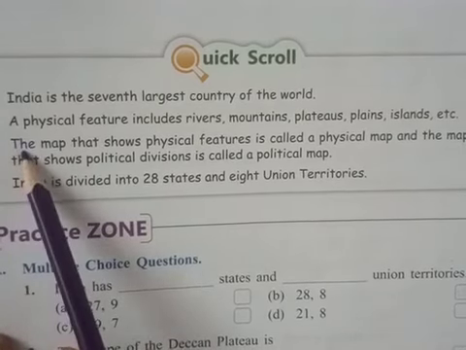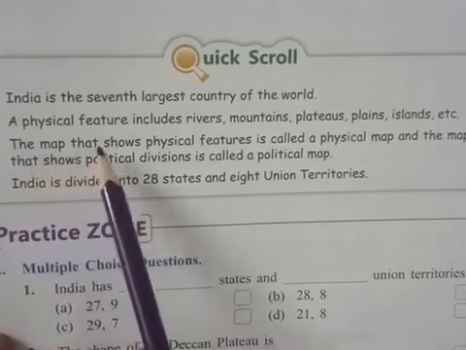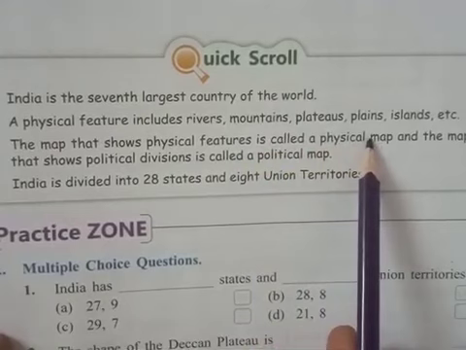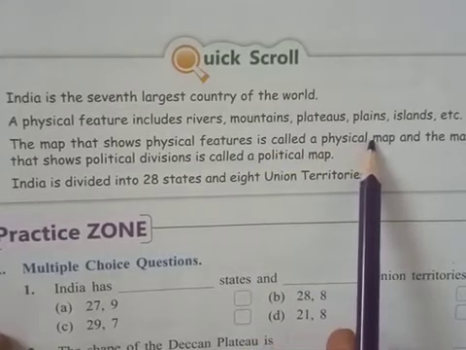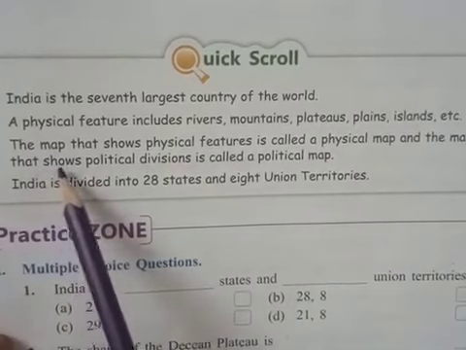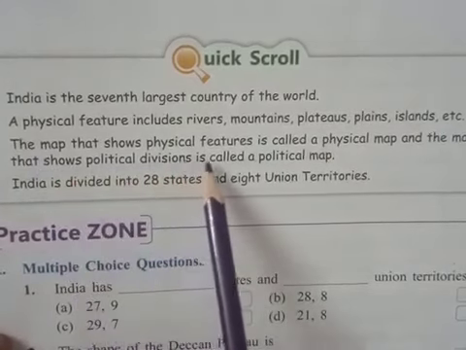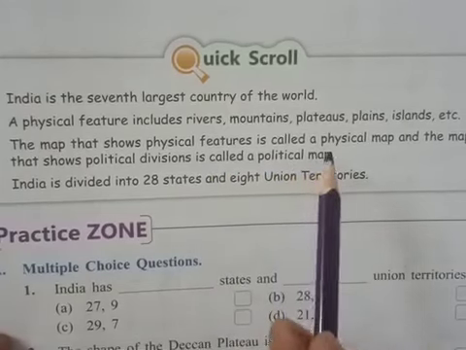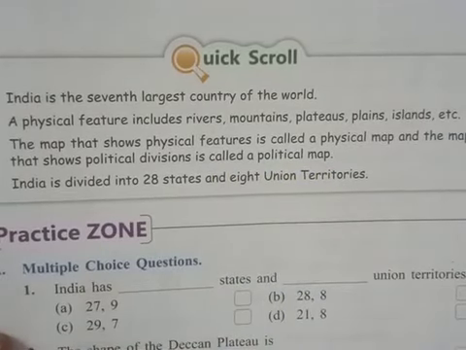Next, the map that shows physical features is called a physical map, and the map that shows political division is called a political map. That map shows political division, it is a political map.